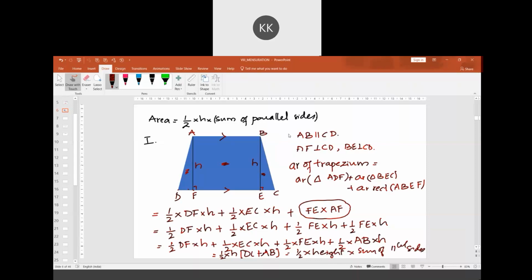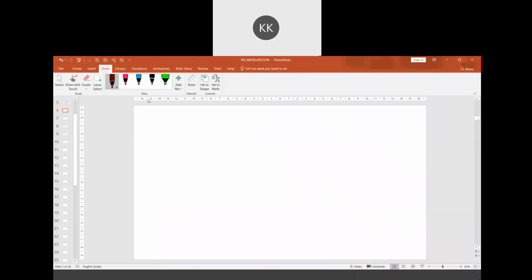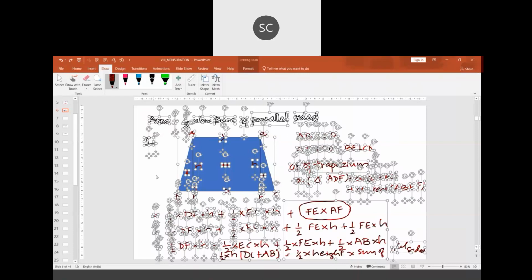If there is no doubt, we shall take up another method, second method. Yes, sir. In the last step of the first method, half into H into, I have taken half H common.